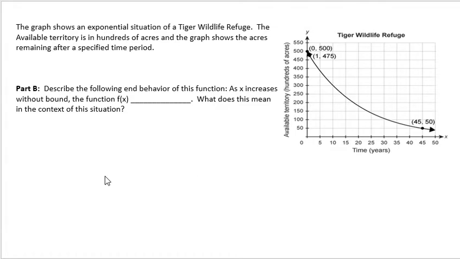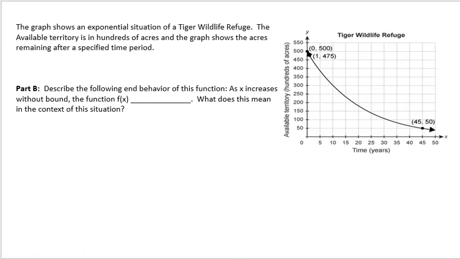So in part B, it says to describe the following end behavior of the function. Remember the end behavior, we're asking what is happening at the ends of the graph. It says as x increases without bound, so as my time increases, it's getting bigger and bigger, what's happening to the function of x? This is my function.